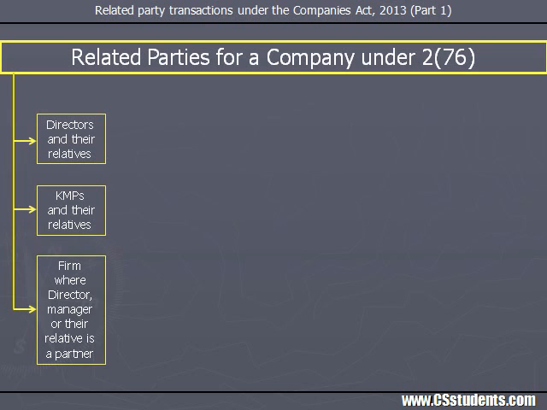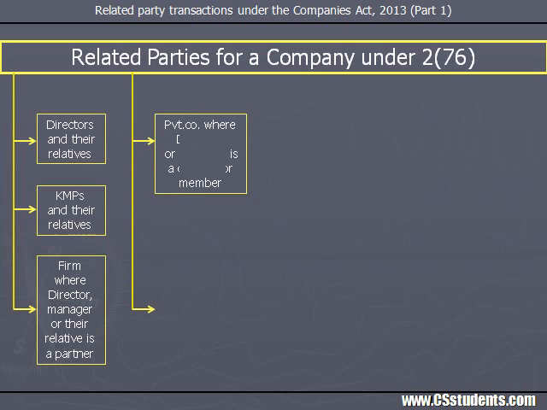Any firm where the company's director or manager is a partner, or any relative of a director or manager is a partner. The next category is any other private company, so any private company where a director or manager is a director or member.